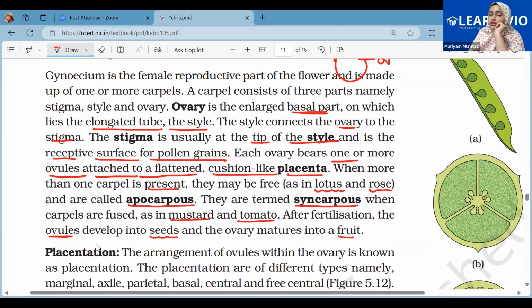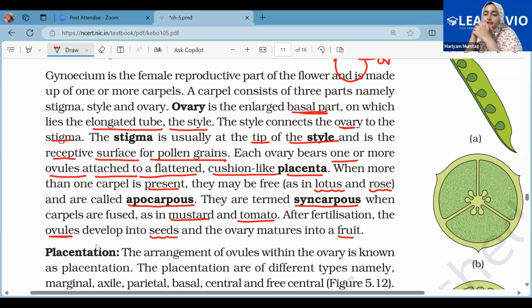And the fruit, the fleshy outer part, is the mature ovary. So ovules develop into seed and ovaries mature into fruit. This is what happens later after development, and you are going to study it in class 12. So the gynoecium part is clear.